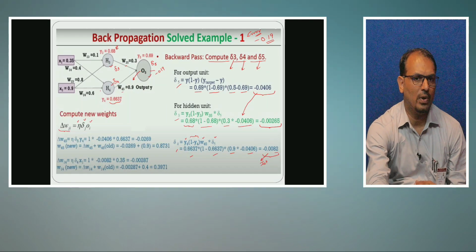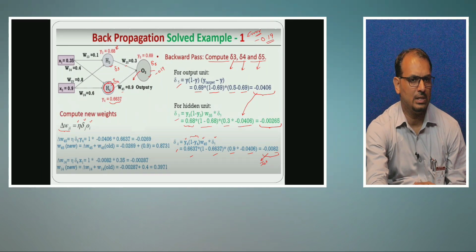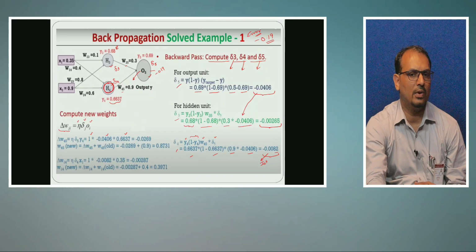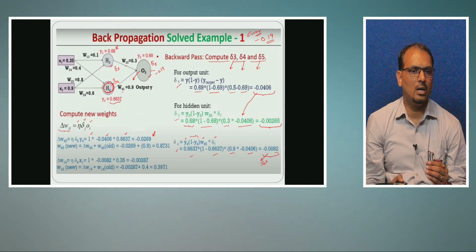With respect to w45, I am talking about this node H4. So how much is the change in the weight? Learning rate by default 1, that we mentioned. Delta 5 we calculated. Y4 we also know. All three values we know. So what is my delta omega 45?